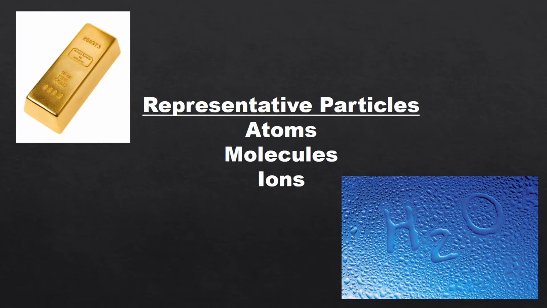Representative particles are atoms, molecules, and ions. So 1 mole of gold, which is Au, equals 6.02 times 10 to the 23rd atoms of gold.